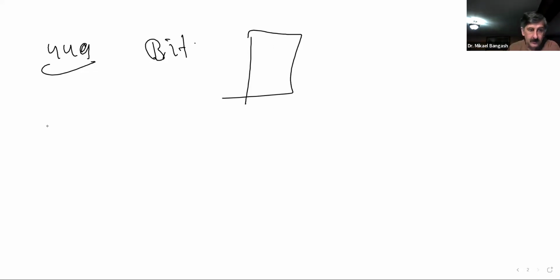In that picture we have pixels. Within that pixel is XYZ number of bits.